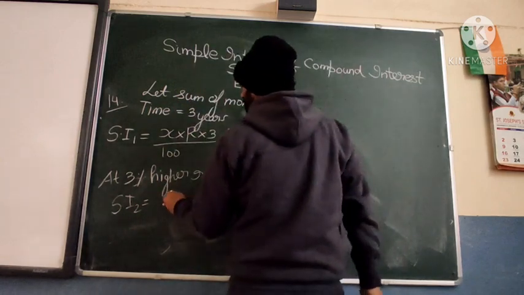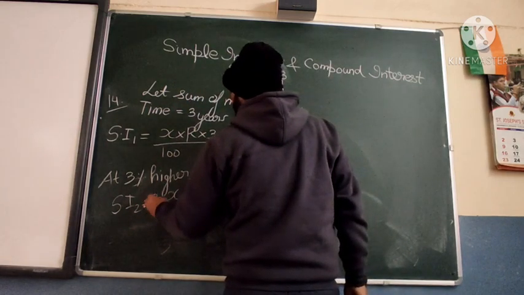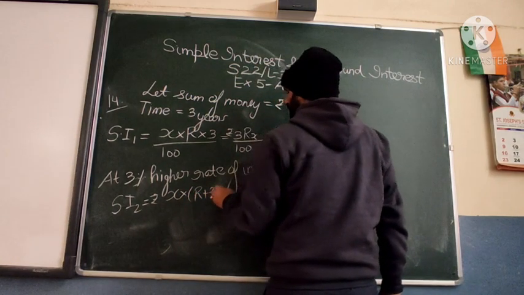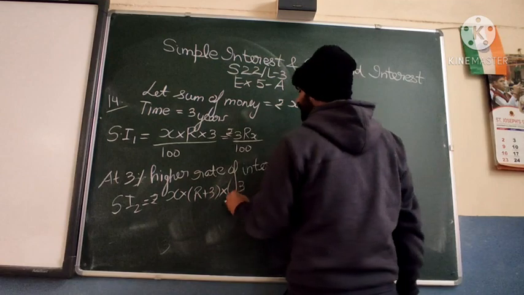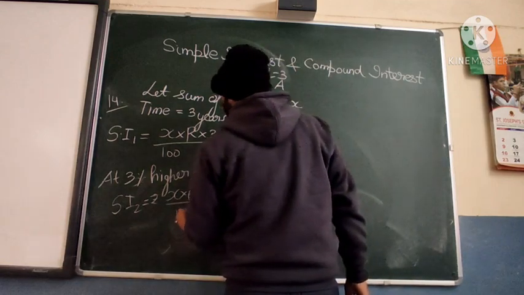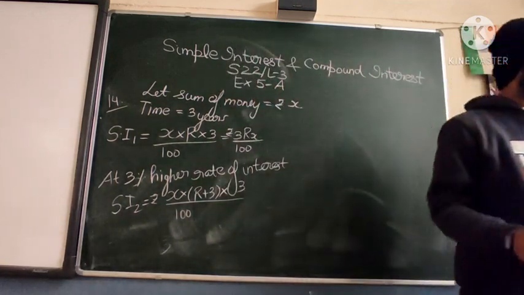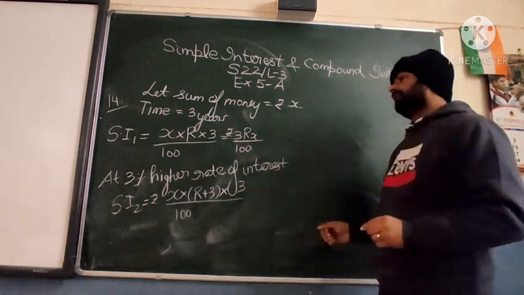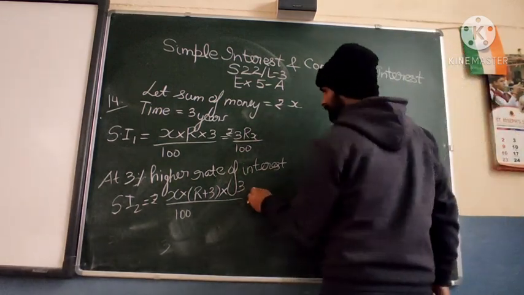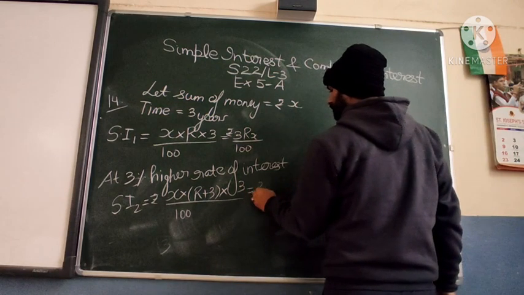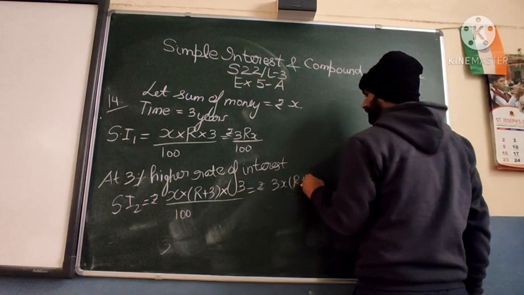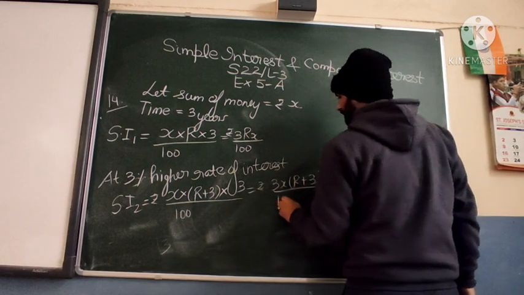It will be x into R plus 3, and time is 3 years only, upon 100. Now see, the question is saying what? When you write it out, it will be equal to rupees 3x into R plus 3 upon 100.